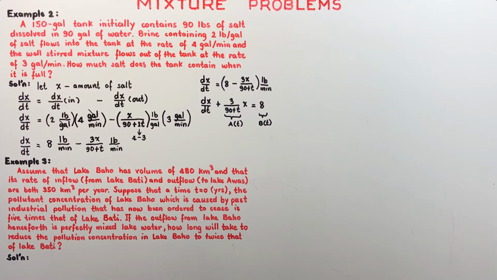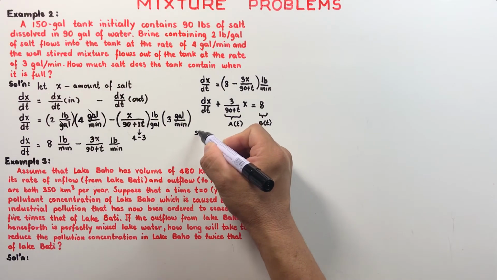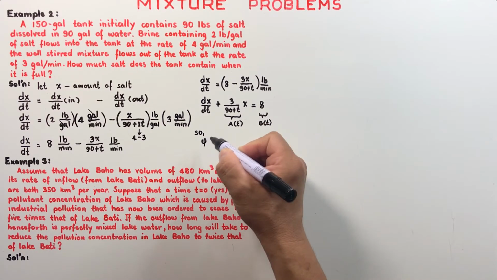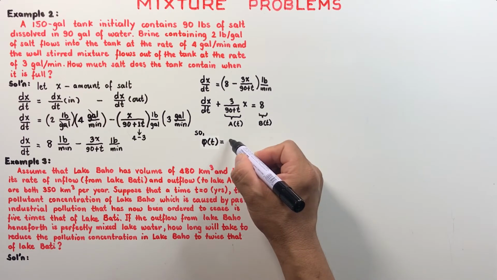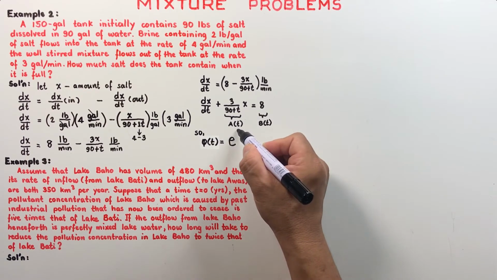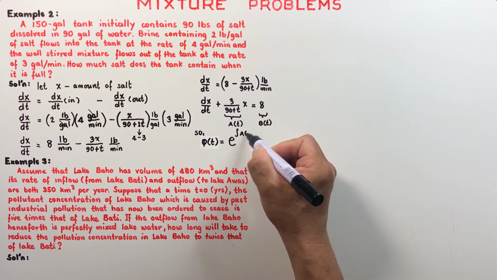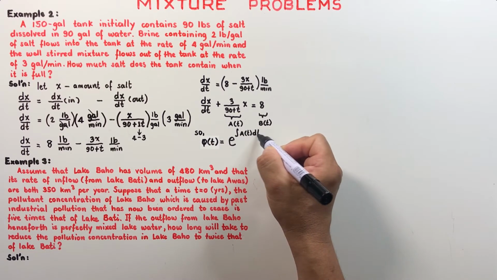We've learned already how to solve a first order linear differential equation by finding our integrating factor phi of t, which is equal to e to the power of the integral of a(t) dt.